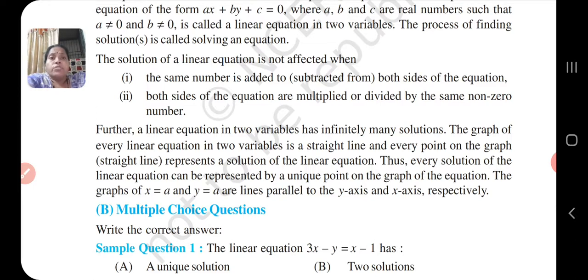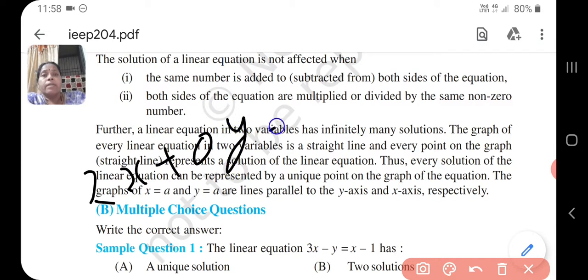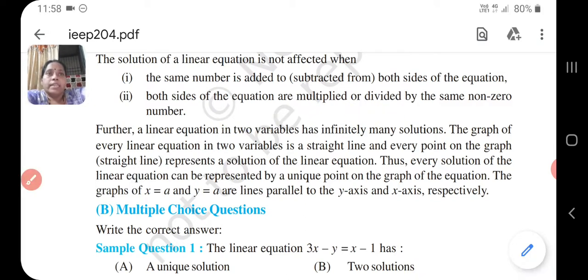But if you want to write it in the form of a linear equation in two variables, you can write it as 2x plus 0y plus 3 is equal to 0. Okay, understand? So this way you can write the equation.